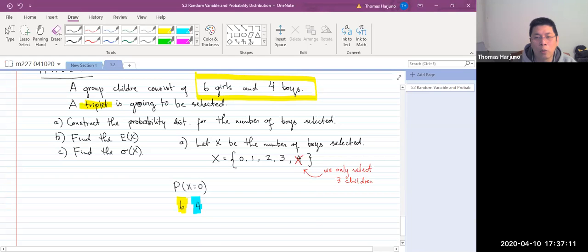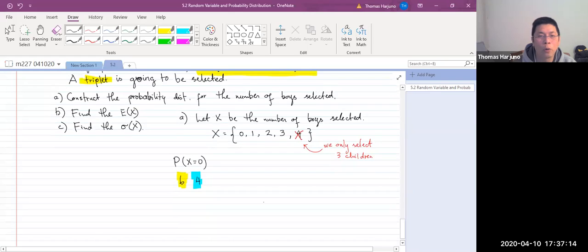To get no boys means I need to select nothing from here, and therefore 3 from girls. So this is equal to 6 choose 3 times 4 choose 0 over 10 choose 3.